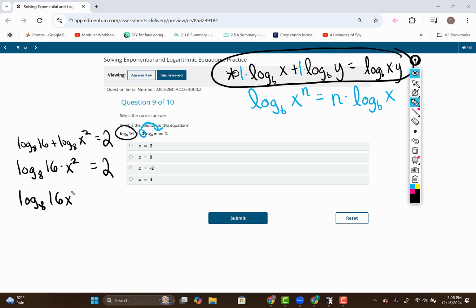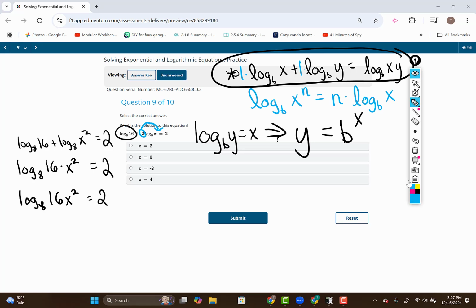But what I do know is, what is the opposite or inverse operation of a logarithm? It's exponential function form. So we need to convert this problem from log form to exponential form.